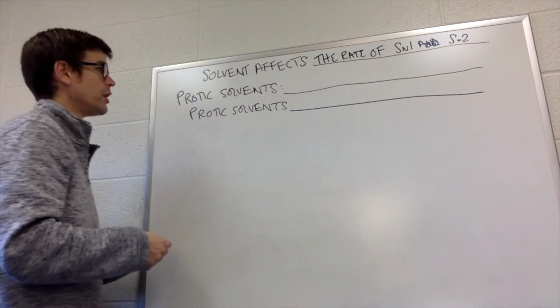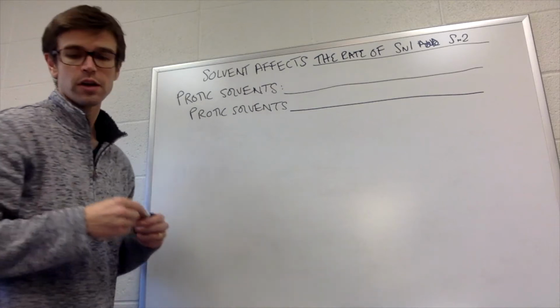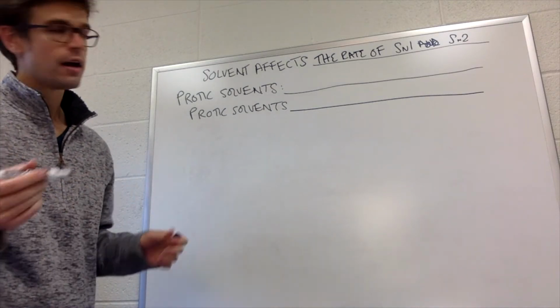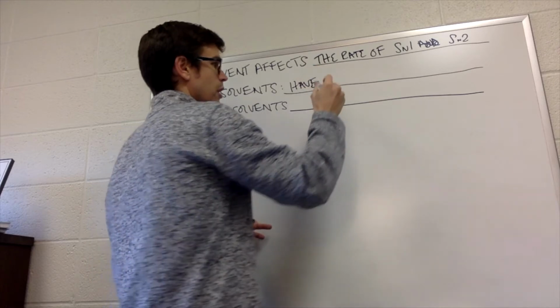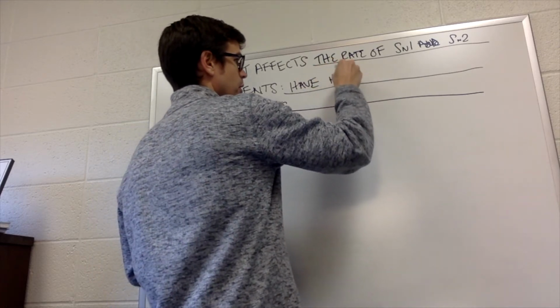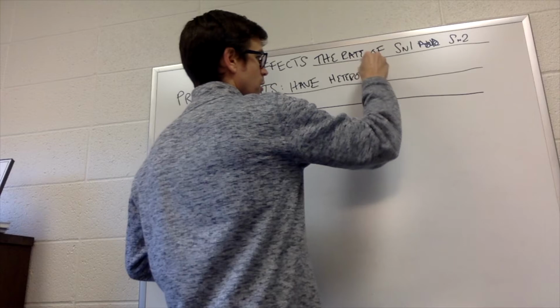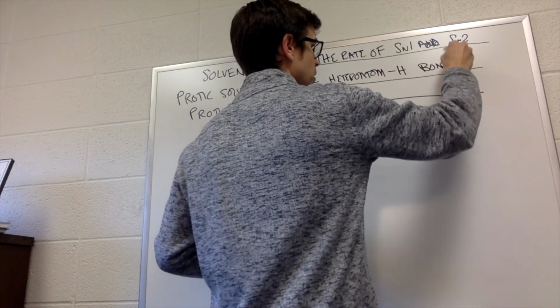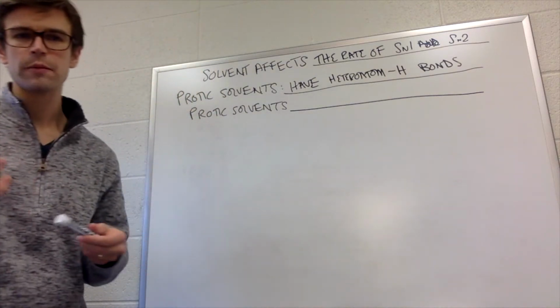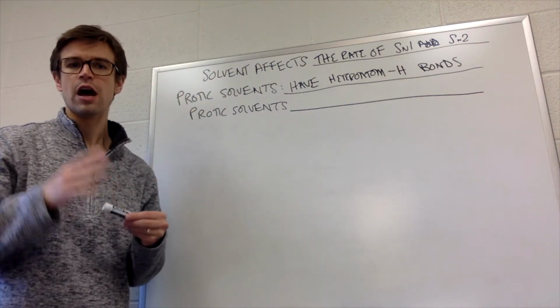This is an and. So it turns out that there are multiple types of solvents. One solvent type is a protic solvent. Protic solvents have heteroatom-H bonds. What's a heteroatom again? A heteroatom is a non-carbon atom.